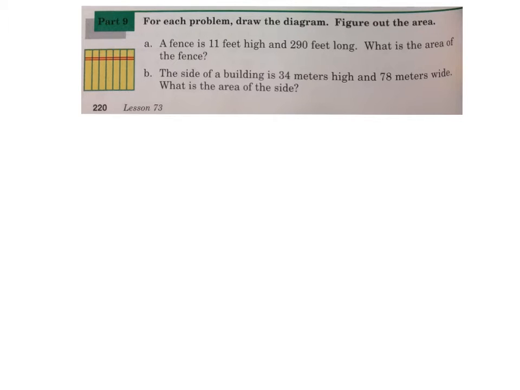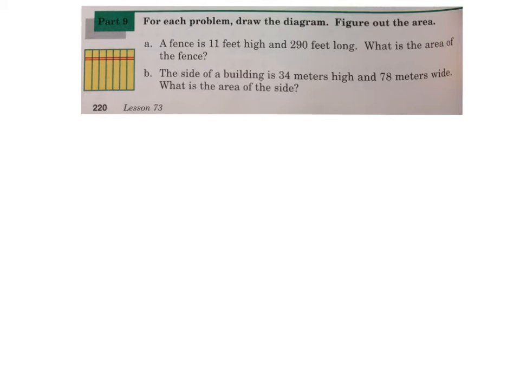So it says here for A that a fence is 11 feet high and 290 feet long. So if I drew a box like this, that's not really showing the diagram that they're describing, because here, in the picture I drew, the top and sides are pretty much equal. But I can see here that 11 and 290 are really not equal at all.